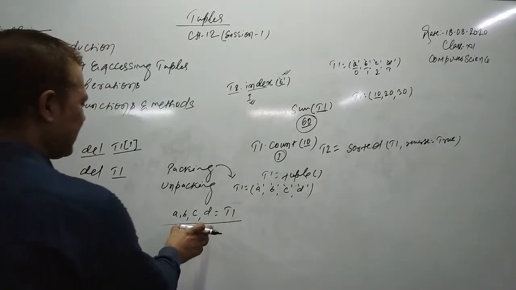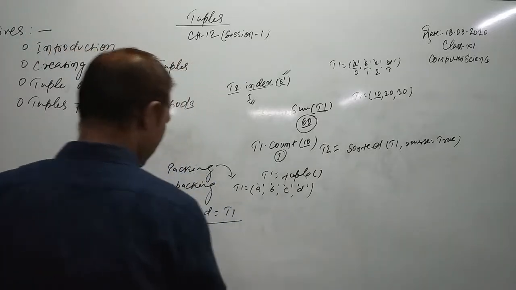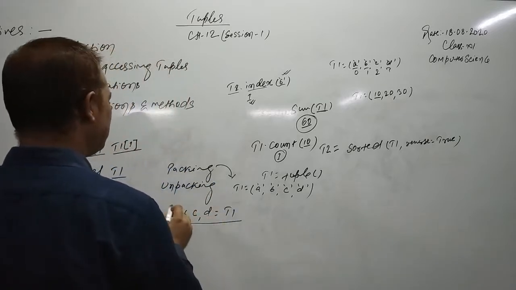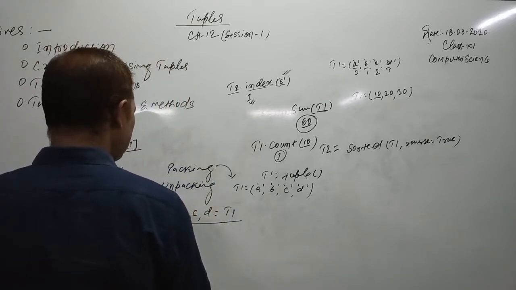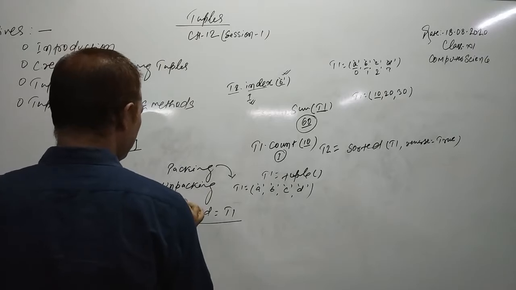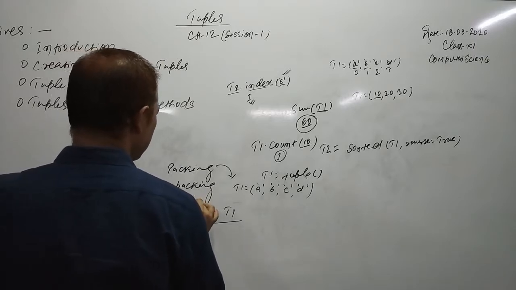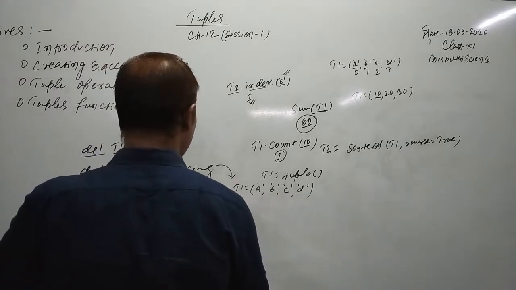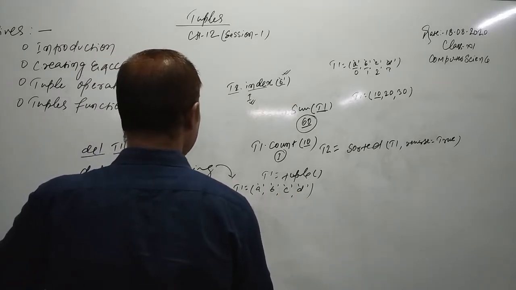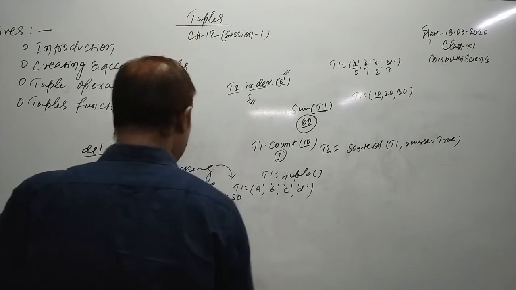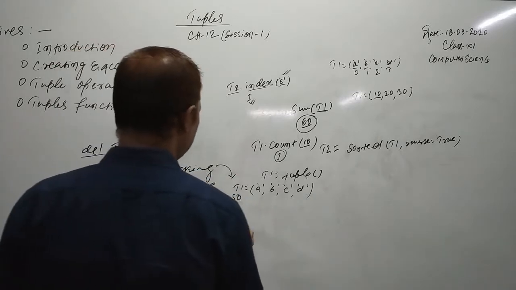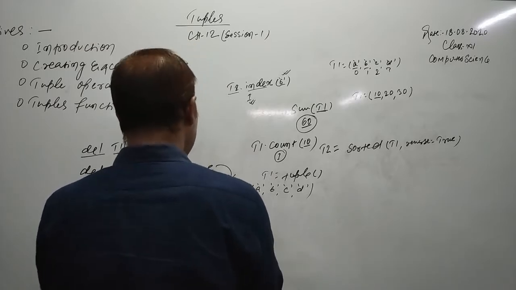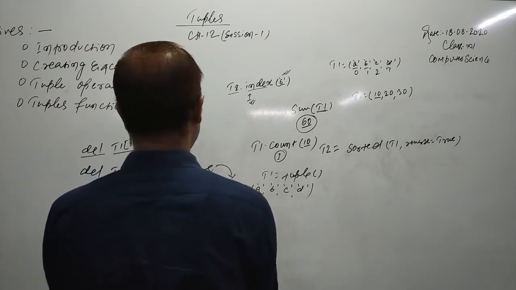In this case, I can change a particular element. Suppose you have four elements A, B, C, D, and you are giving A equal to 10, B equal to 20, C equal to, suppose earlier it was 30 and now you are giving 40, and D equal to, suppose, 50. And I say A, B, C, D equal to T1. It means all four elements will be part of T1. This is the unpacking process.